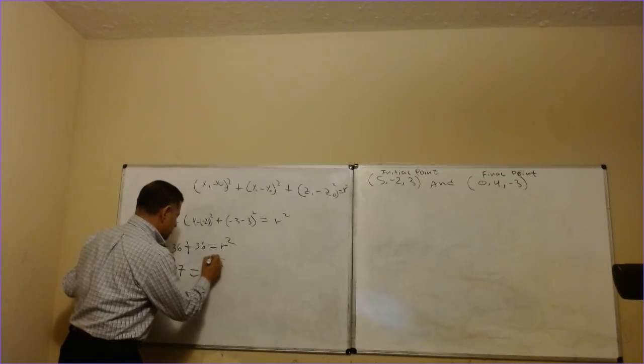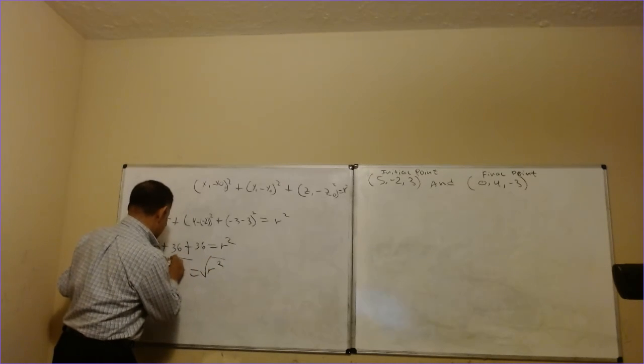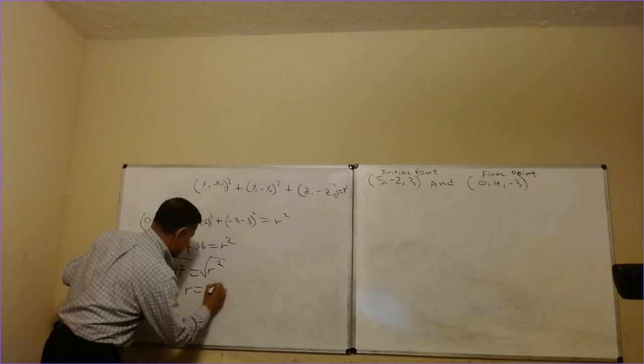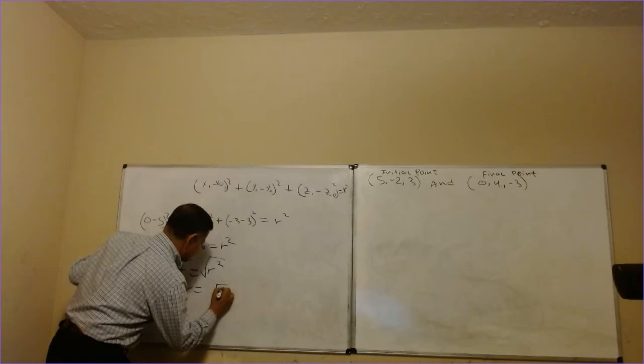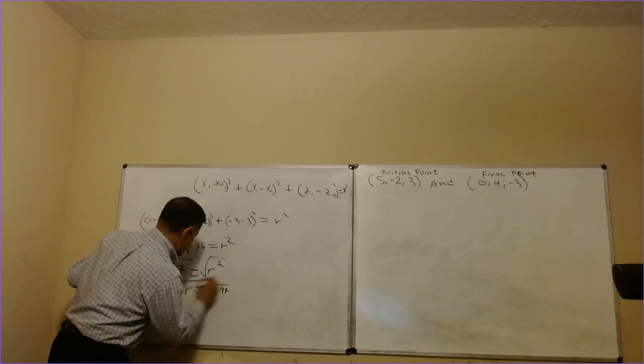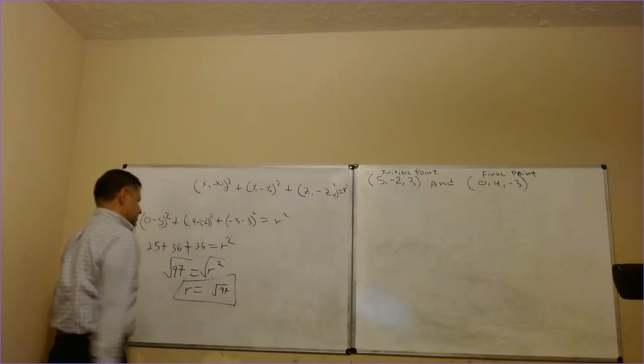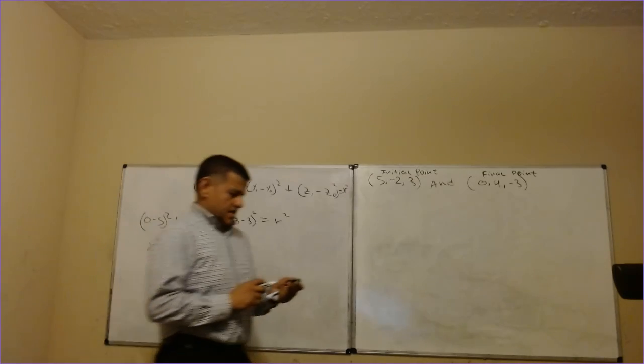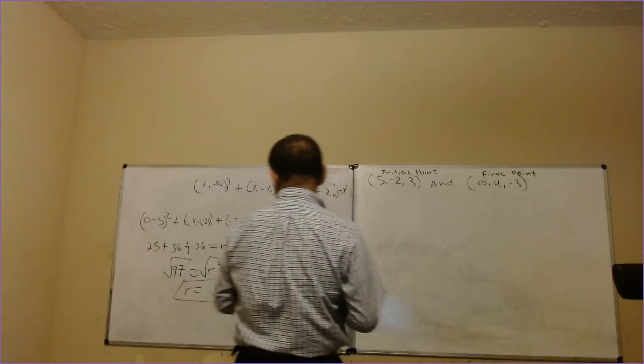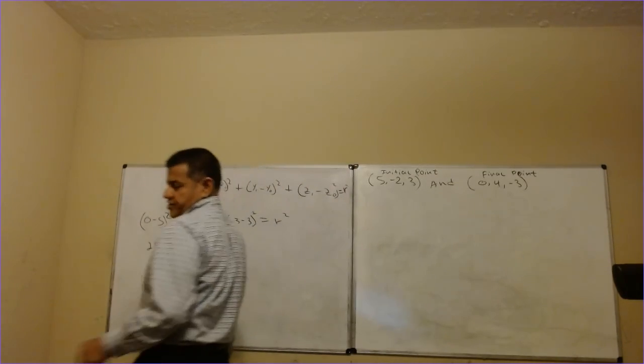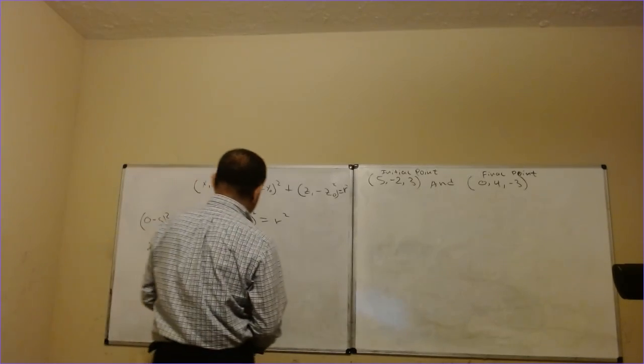When I take the square root on both sides, r is equal to the square root of 97. That's it. That's it for these two examples, right? Using this type of formulas.